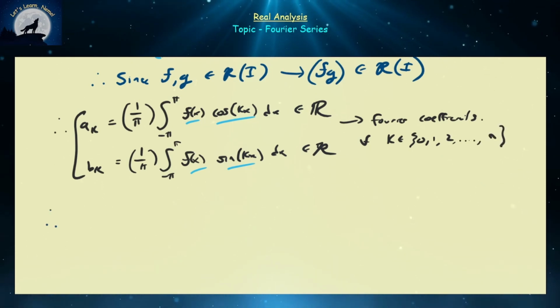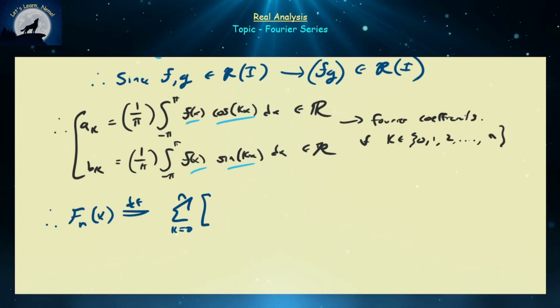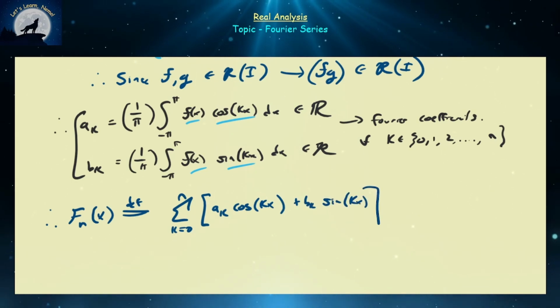So therefore, if we define f_n(x) to be equal to the Fourier approximation, the sum from k equals 0 to n of a_k cosine of kx plus b_k times the sine of kx, and I believe I should have swapped these around, so there's cosine and that's sine.